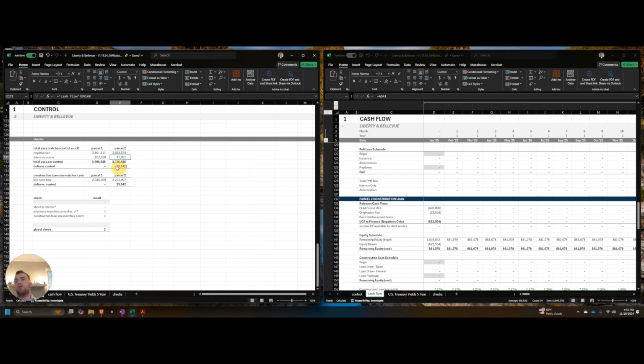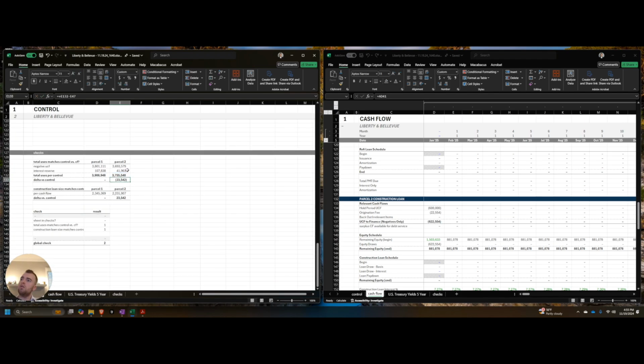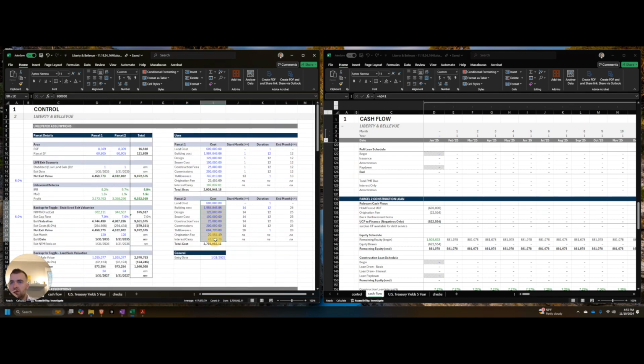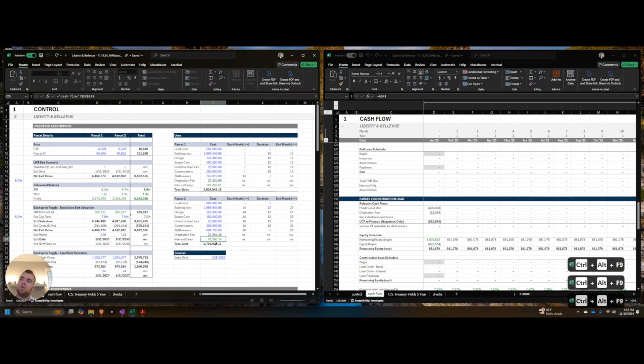And then control, why does control say it should be 3693? 3693 is my negative unlevered cash flow.